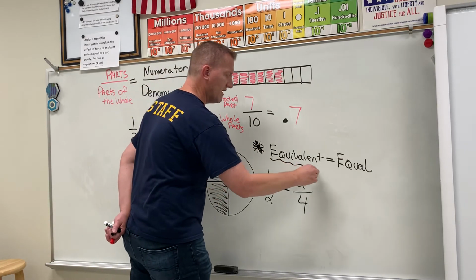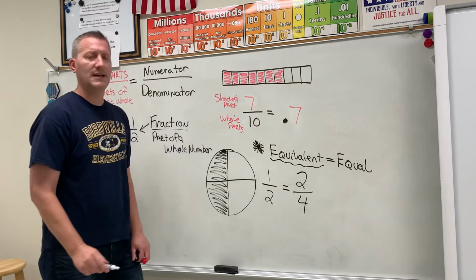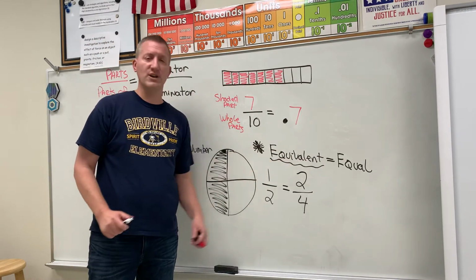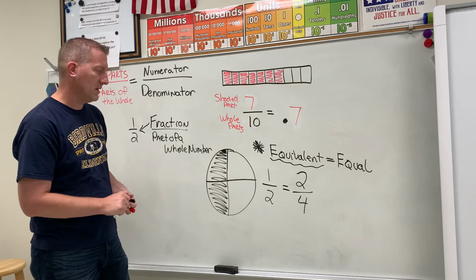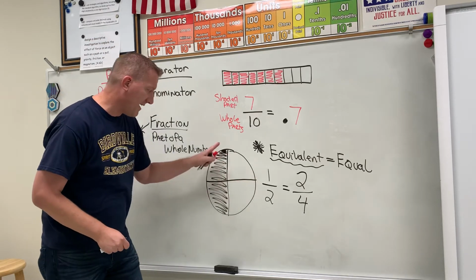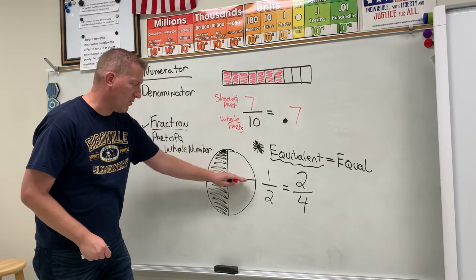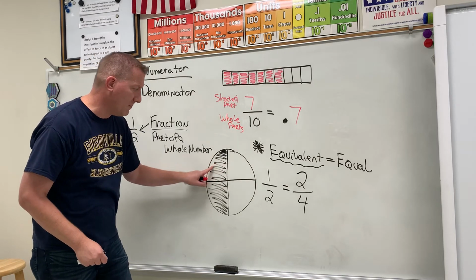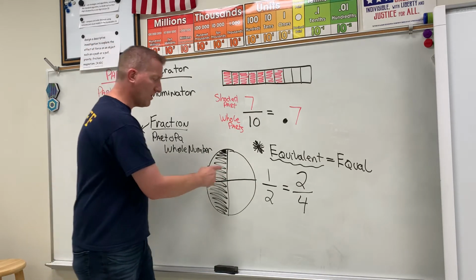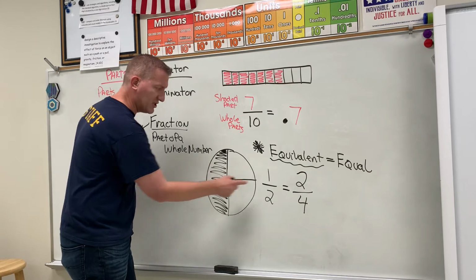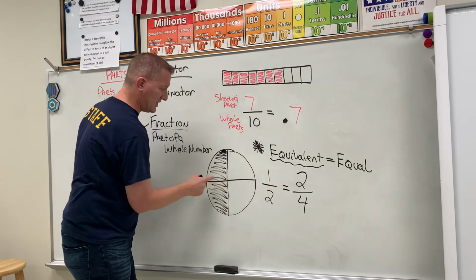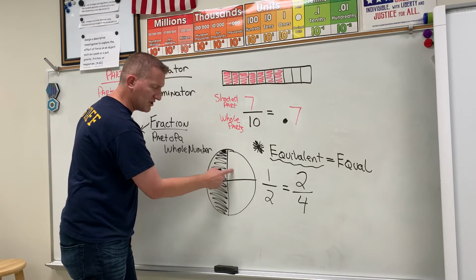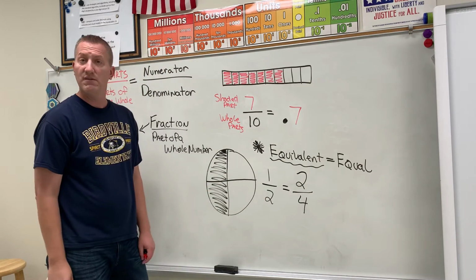This word is very important in 4th grade, so you should know what equivalent is. So 1/2, the way I had it before without this line, was 1 part out of 2. Well, now 2 parts are shaded out of 4. Remember, the numerator is the shaded part.